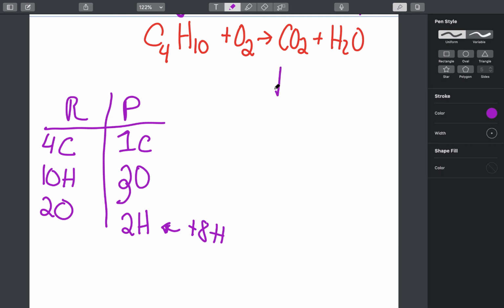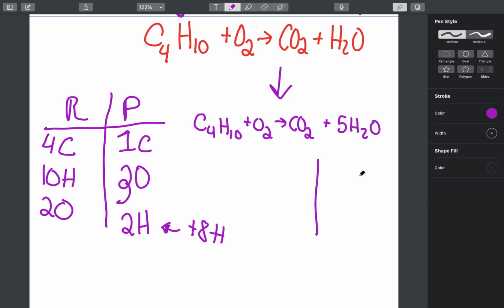So we multiply the H2O by 5, and this would give us C4H10 plus O2 goes to CO2 and 5H2O. So now let's write our new reactants and products table.